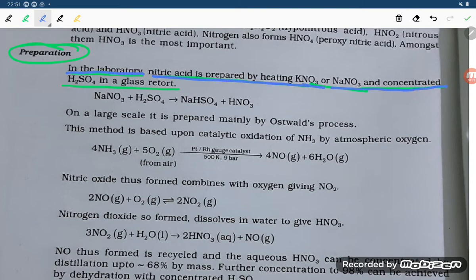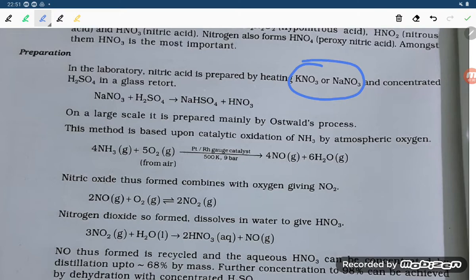NaNO3 and H2SO4 give NaHSO4 plus HNO3. So you prepare nitric acid by the reaction of potassium nitrate or sodium nitrate with sulfuric acid, and you get sodium hydrogen sulfate and nitric acid.